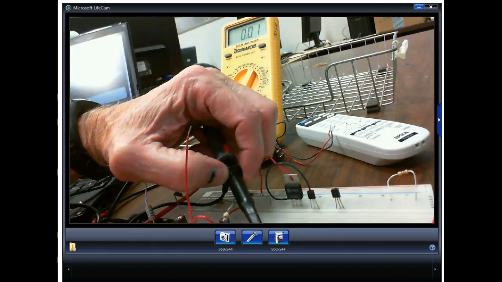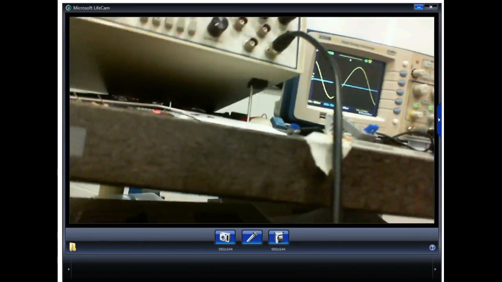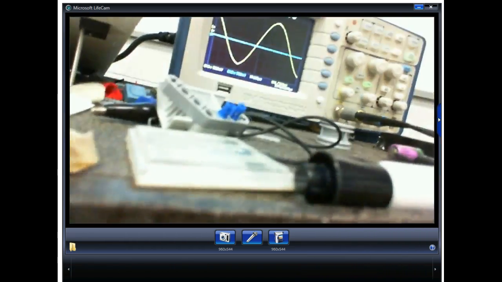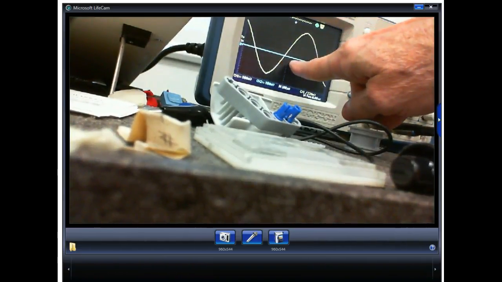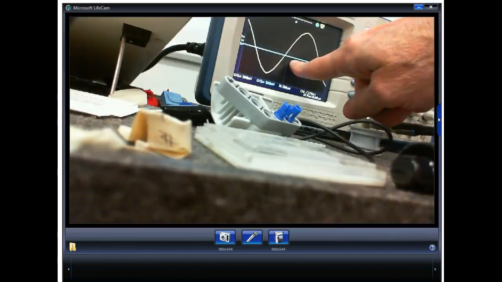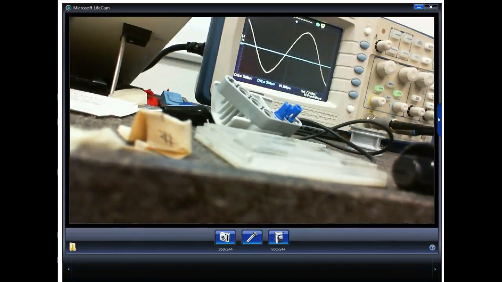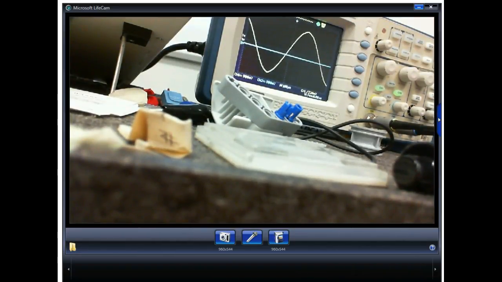Here's my input. There's my output. How much are we getting out? What are we getting out? Getting nothing out. What are we putting in? Put 3 volts peak to peak in. So this is where we know we got a problem.